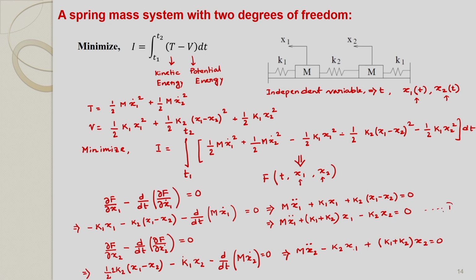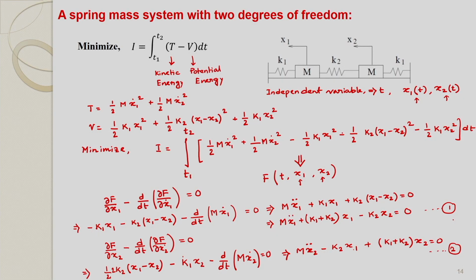So, you can see after using Euler-Lagrange equation for two dependent variables separately, we get two coupled differential equation of x1 and x2.